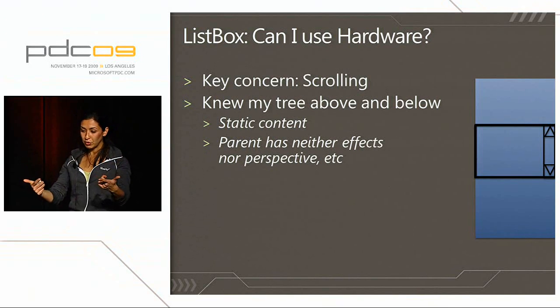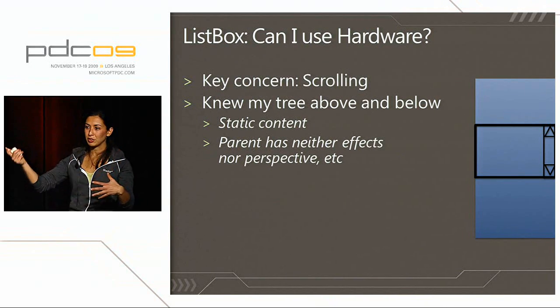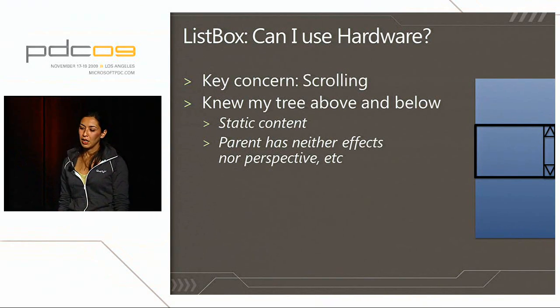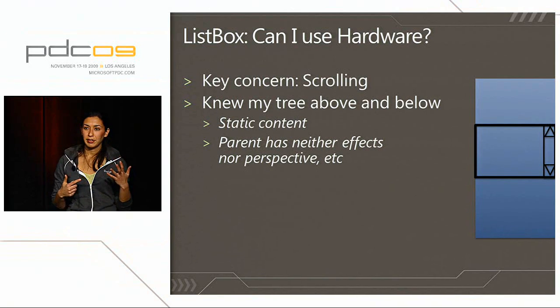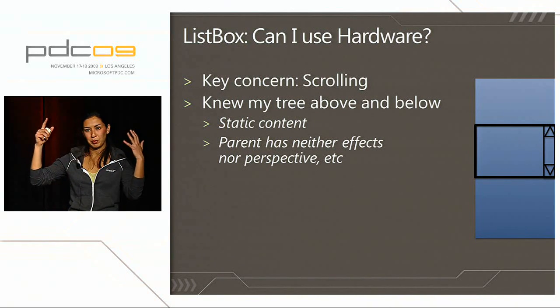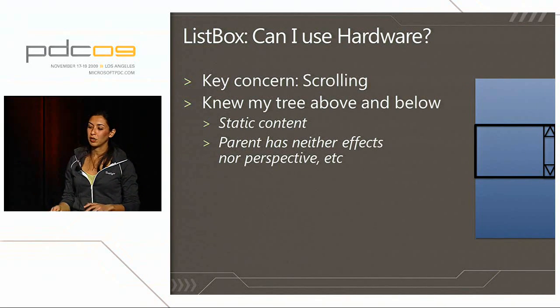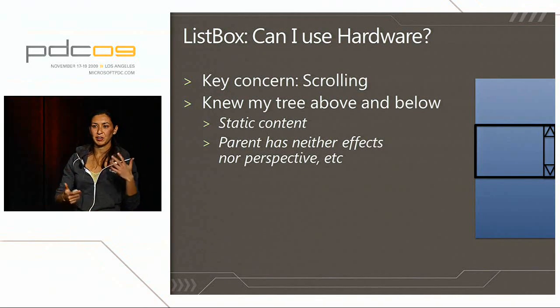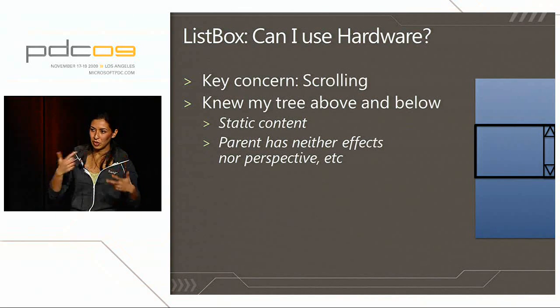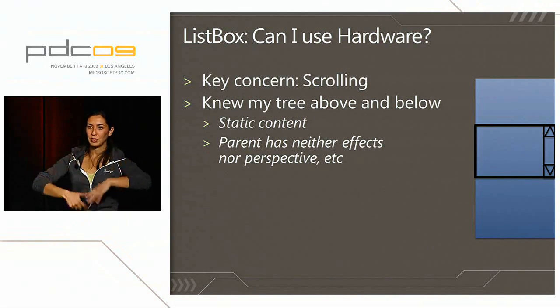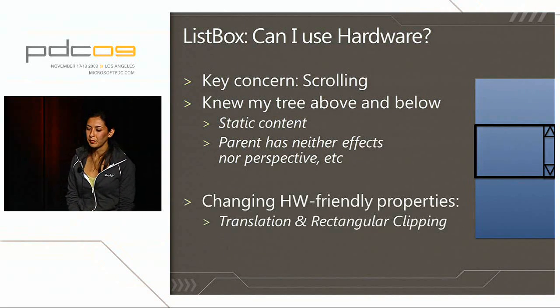I know that when I'm scrolling, the content is static. There's no mouse over effects, et cetera, happening. I also know that the parent doesn't have any effects or perspective anywhere above it. So this is not great for component vendors where they don't know what kind of application is going to host the control. This is very good when you know the entire application end to end.